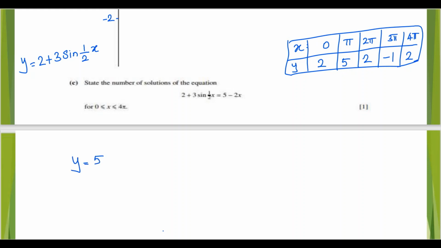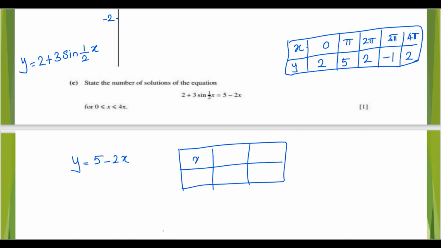Let us take this as y. y is equal to 5 minus 2x. So when x is 0, y is 5. When y is 0, x will be equal to 2.5.